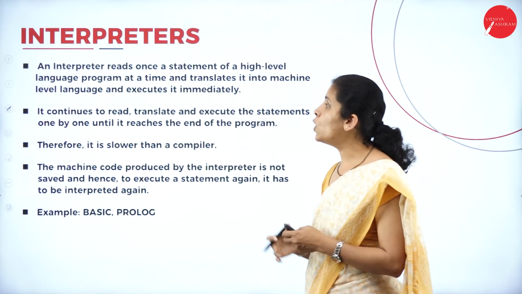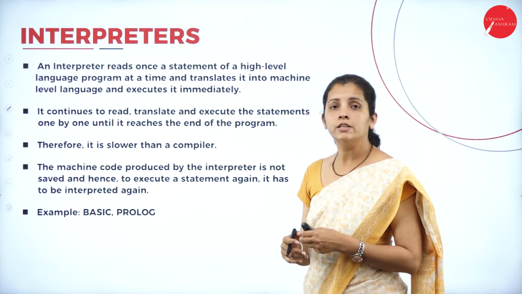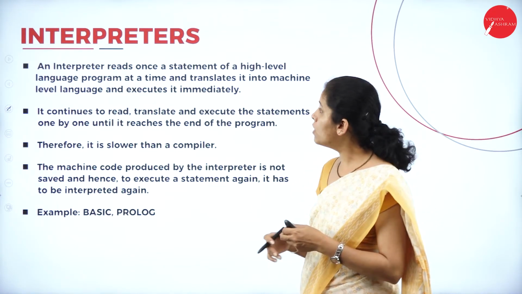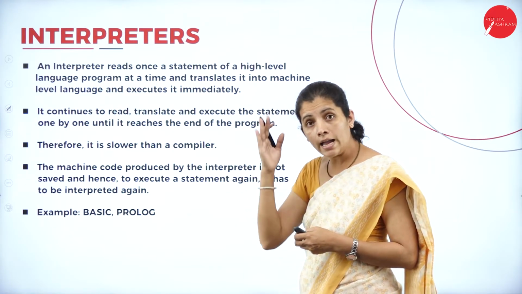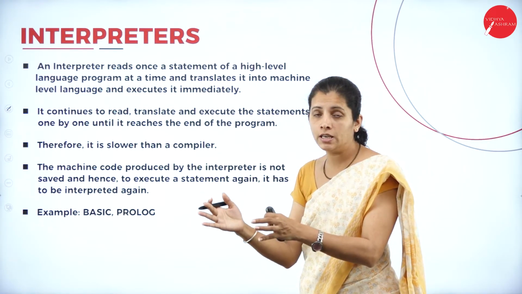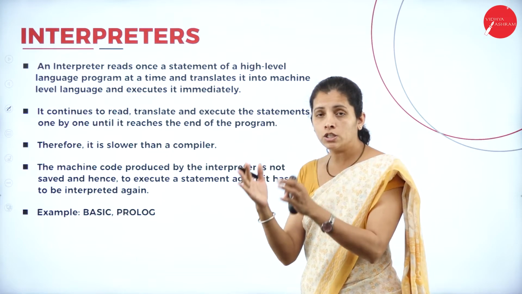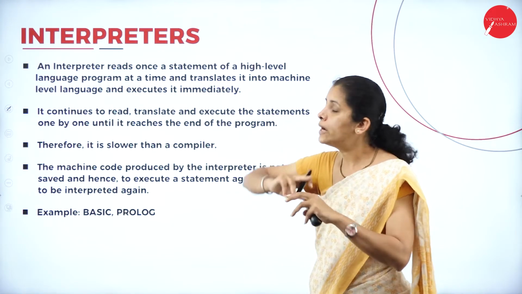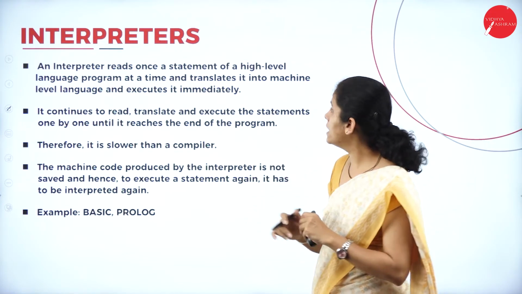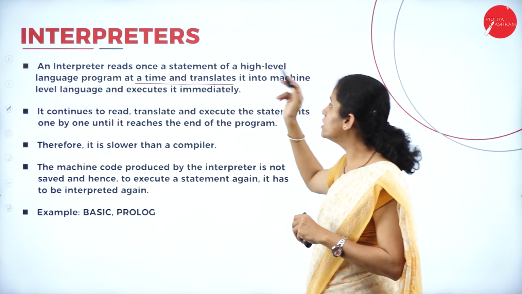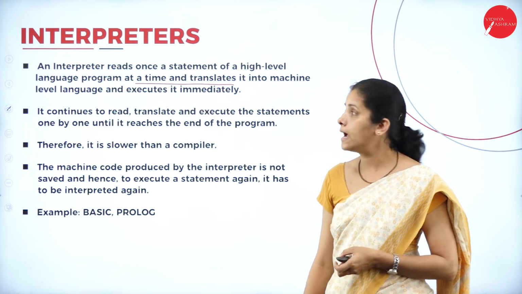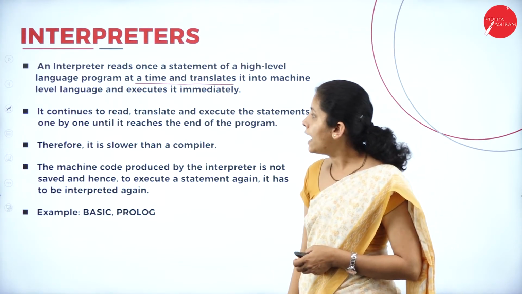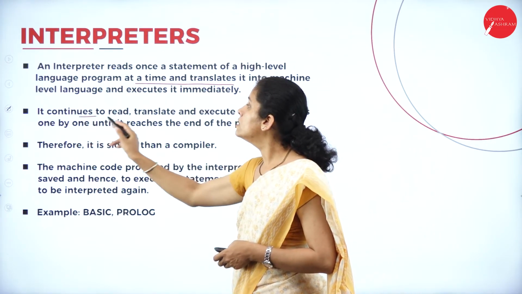But the interpreter is also responsible for converting high-level language to machine-level language, but it is going to convert one line at a time. So it is going to interpret, or translate, one line at a time, and it continues the reading.